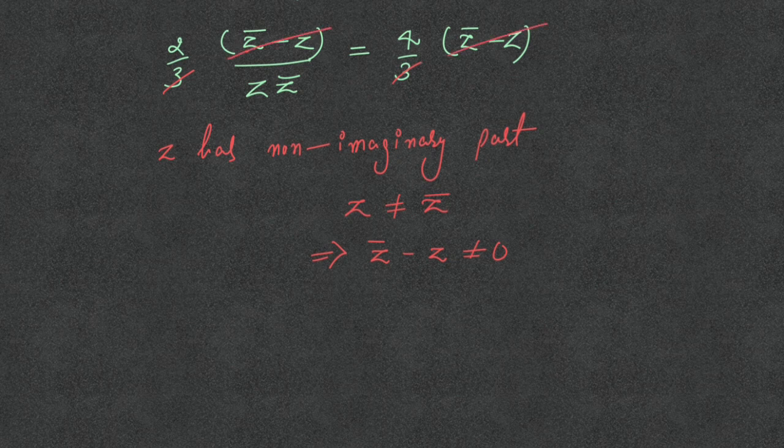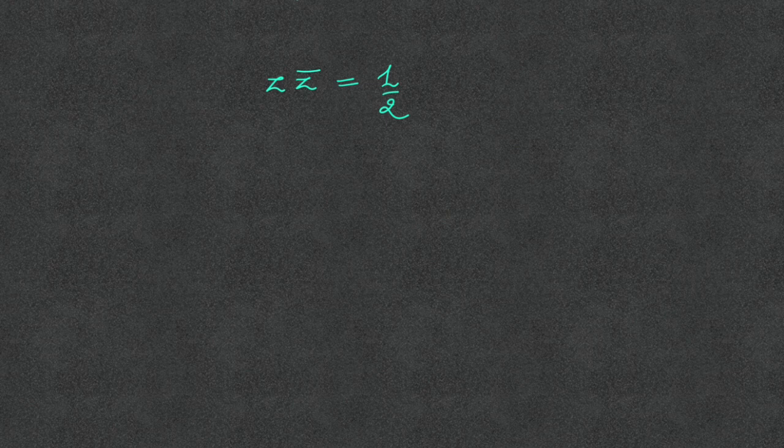Finally we have 2/(z z̄) equal to 4. Now this 2 cancels with 4 and we have z z̄ equal to 1/2. And since we know that z z̄ is always equal to |z|², clearly |z|² becomes 1/2.